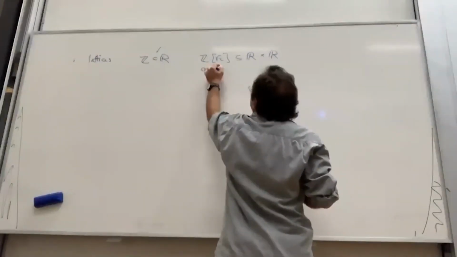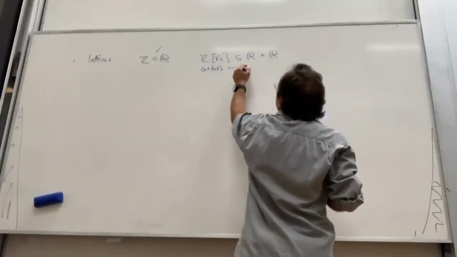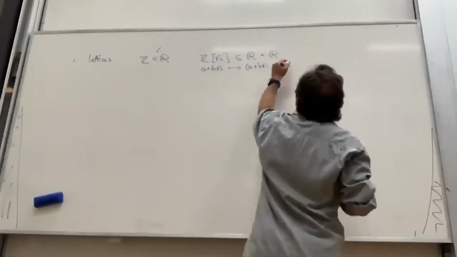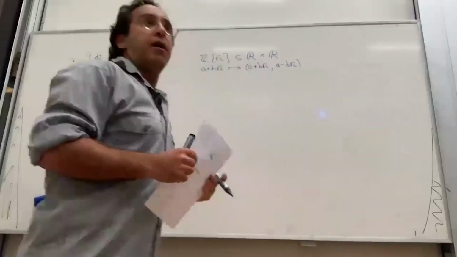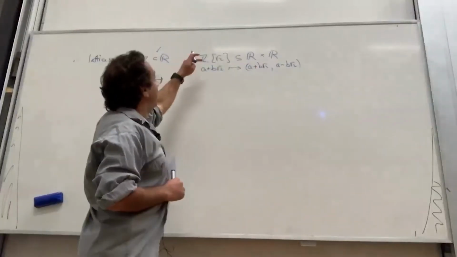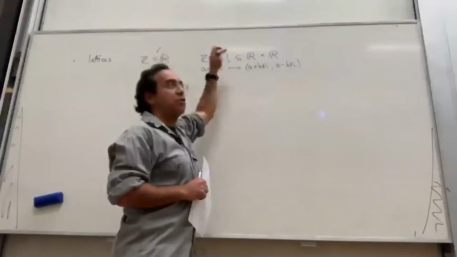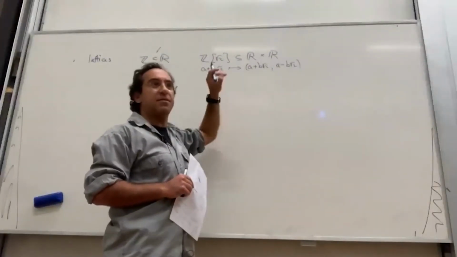So a plus b square root of 2 now goes to (a plus b square root of 2, a minus b square root of 2). And this is also an example of an irreducible lattice. What makes it irreducible is the fact that the projection to any factor is dense.